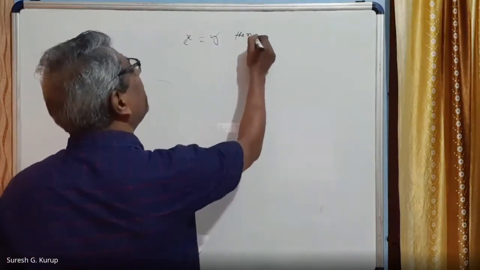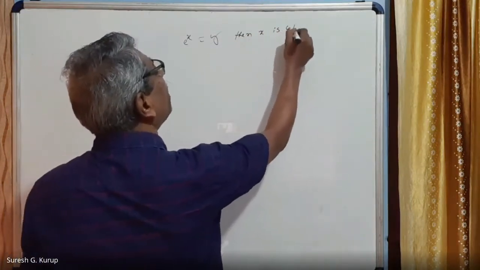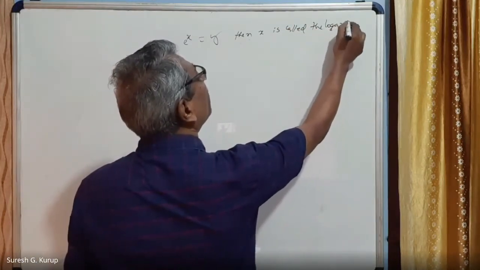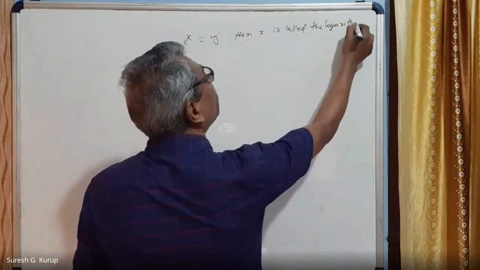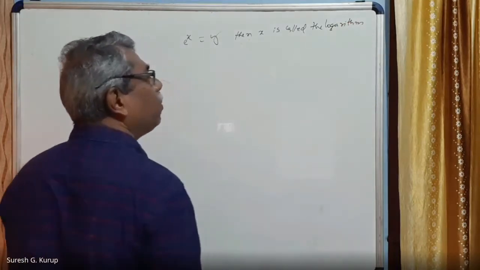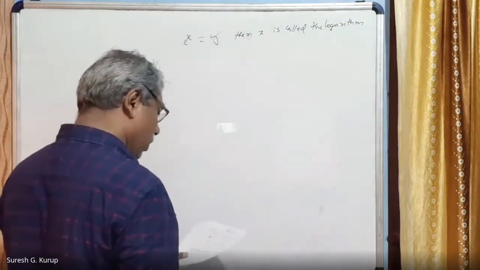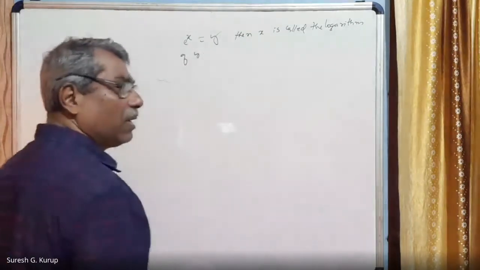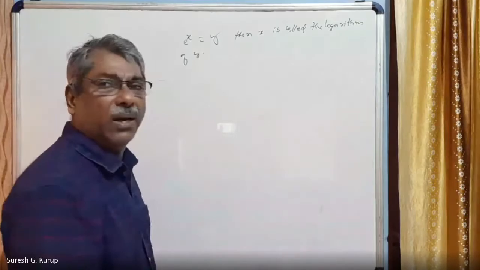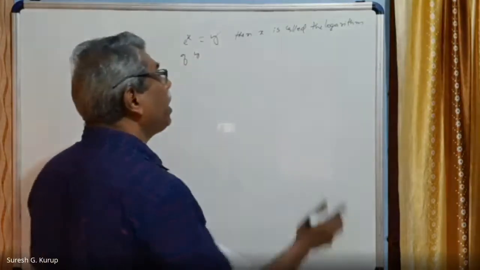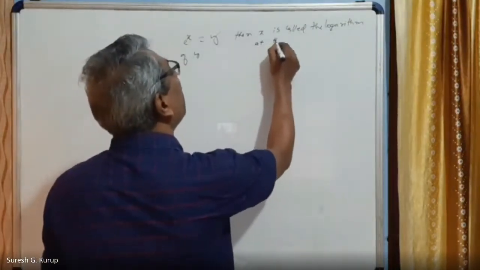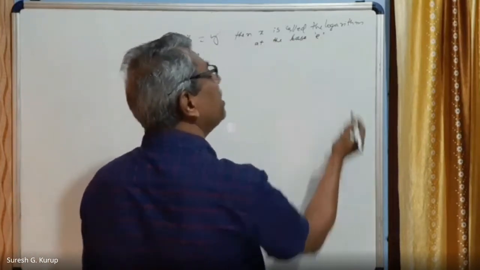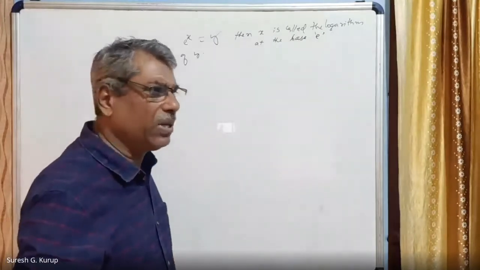That is written as logarithm of y to the base e. e is a constant, 2.718 something like that.